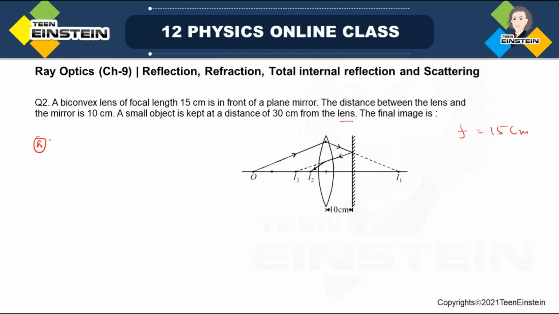So the first option is that the final image is virtual and at a distance of 16 centimeter from the mirror.